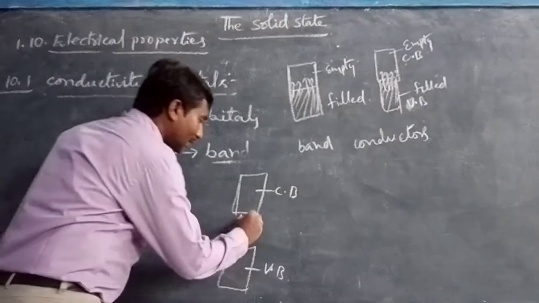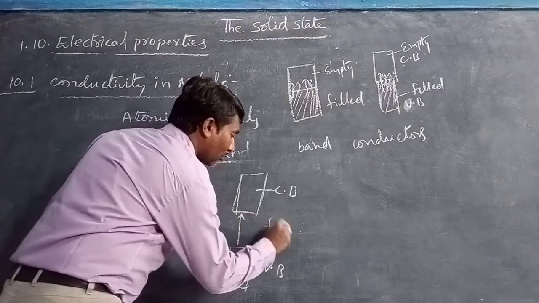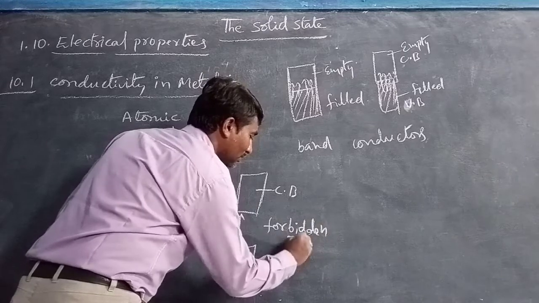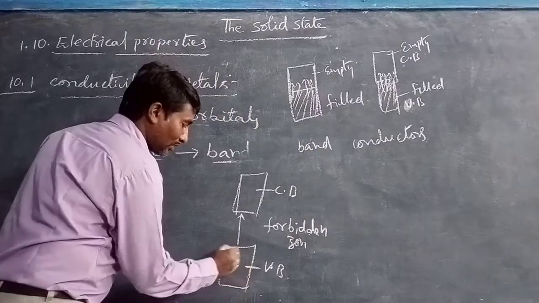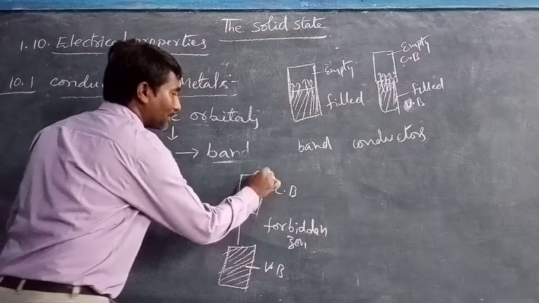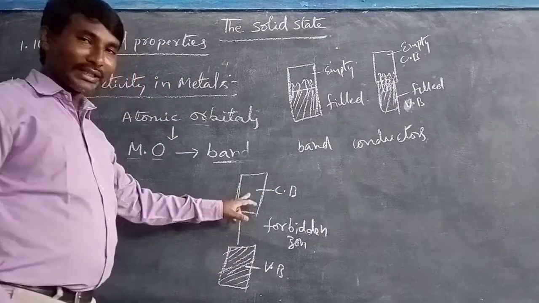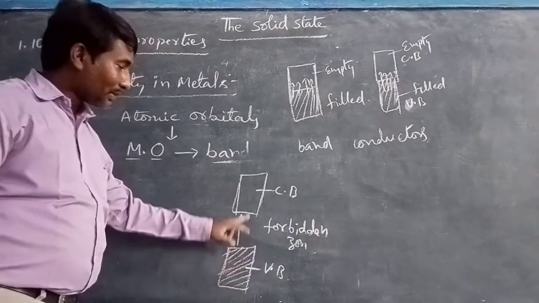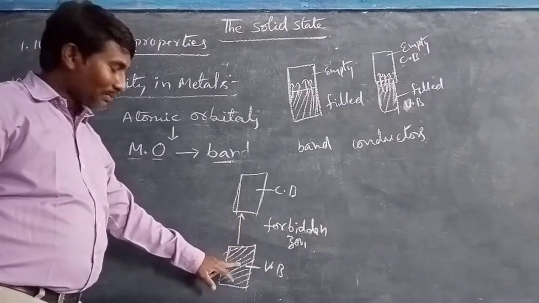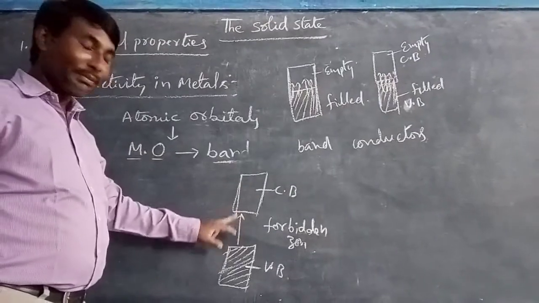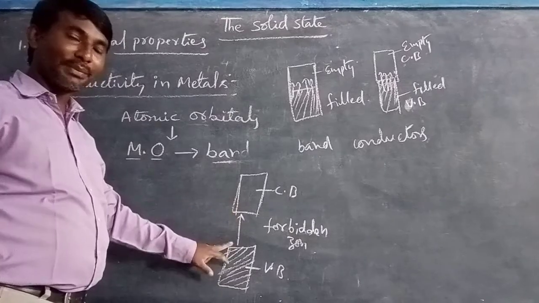This zone is called the forbidden zone. This is filled with electrons, this is empty, this is the conduction band, this is the valency band. Electrons cannot jump easily because the gap between them is larger.